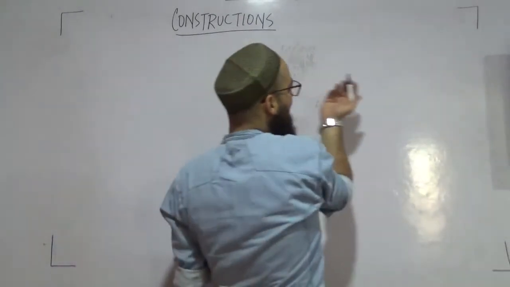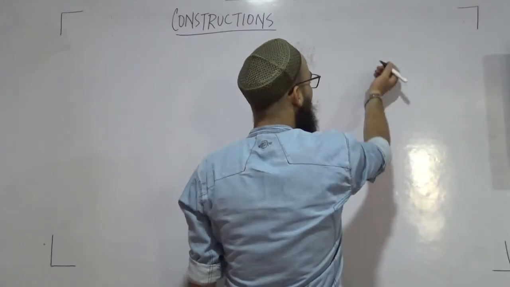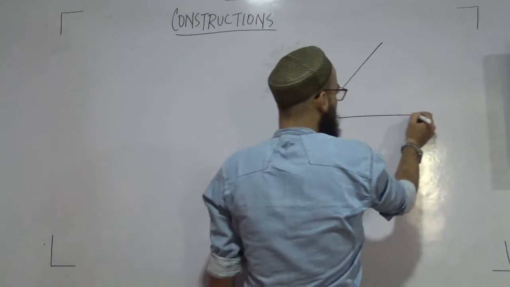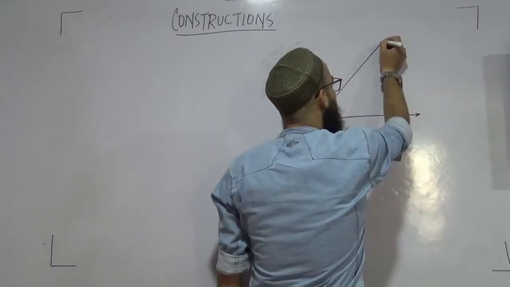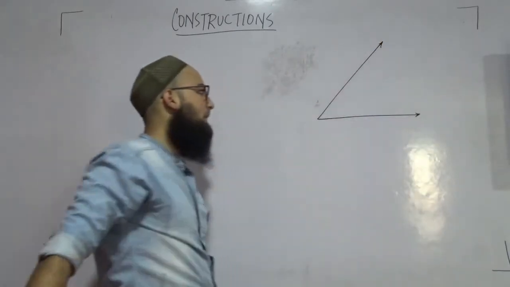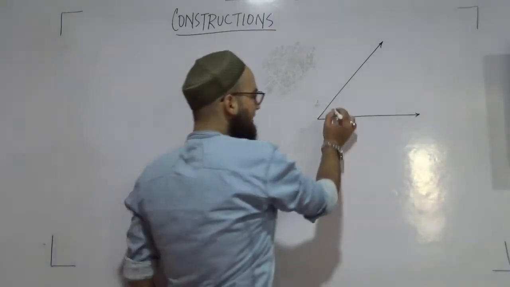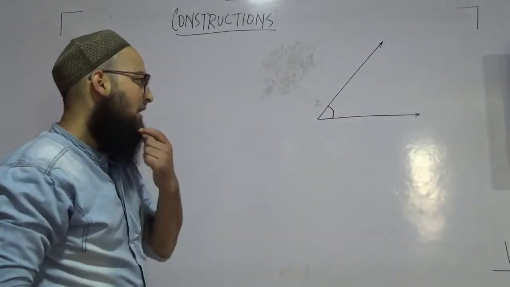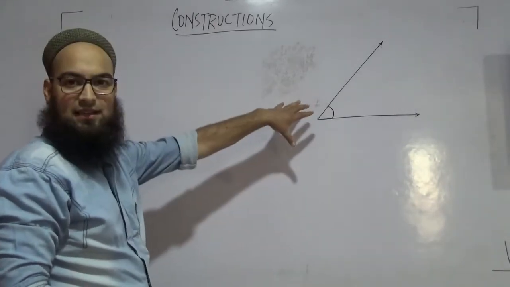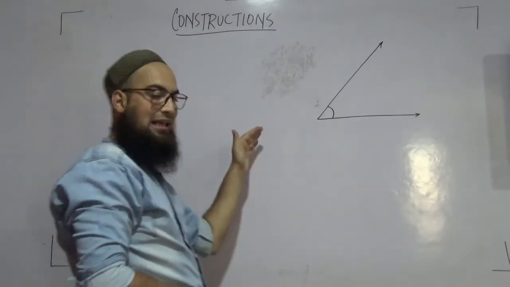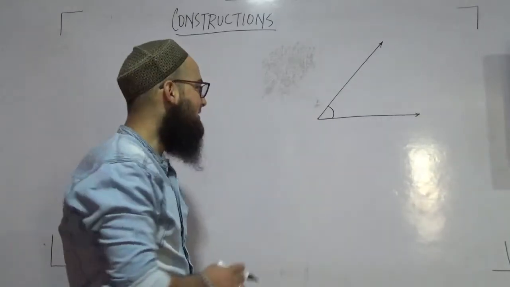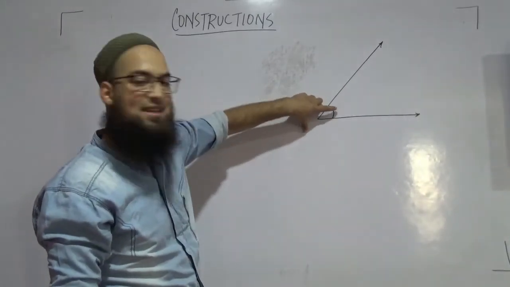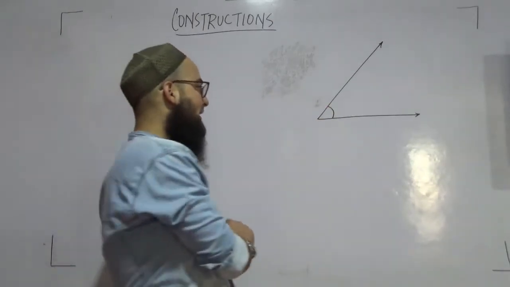For example, if you have given any angle, say you constructed some angle like this. Now you need to bisect this angle. You need to draw the angle bisector of this angle, that means a ray which divides this angle into two equal angles.